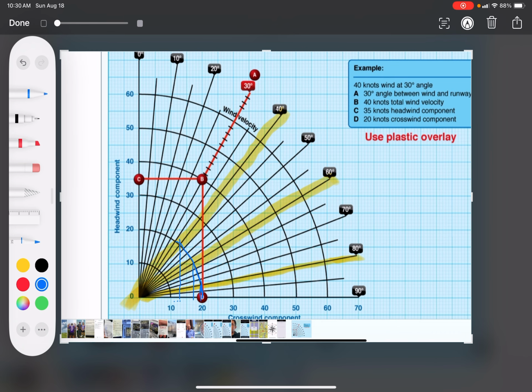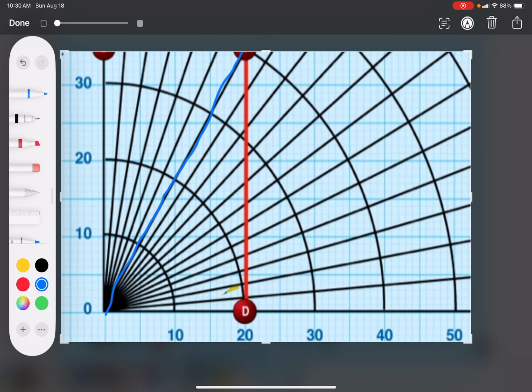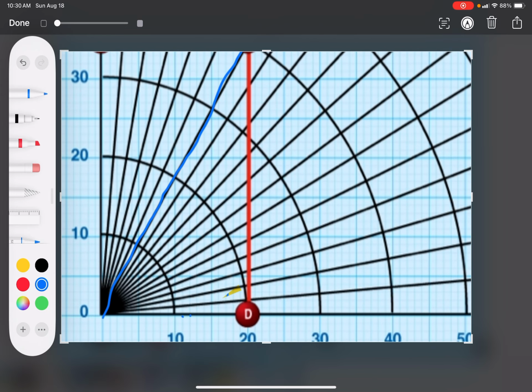Okay. Now, next question: max wind velocity for a 30-degree crosswind if max crosswind is 12 knots. So I'm going to erase this stuff real quick. We know that our degree angle is 30. They already kind of had that marked. And max crosswind is 12 knots. Here's 11, 12. All right, there's 12. So what is the max wind velocity?